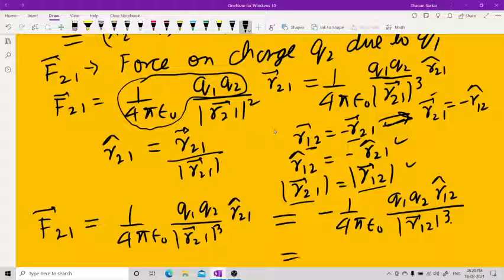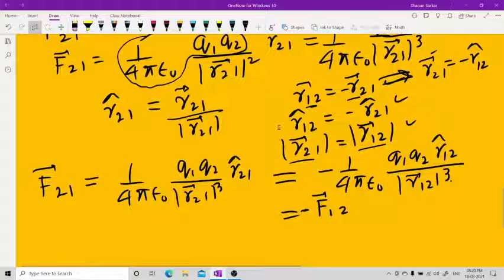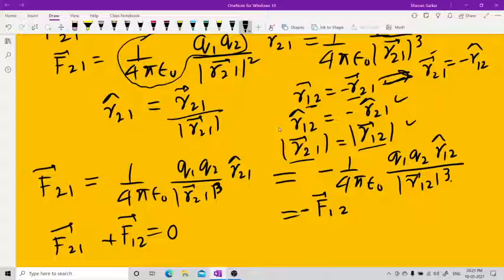So this is nothing but minus F12. Therefore F21 plus F12 is equal to 0. So the forces are equal and opposite on these charges.